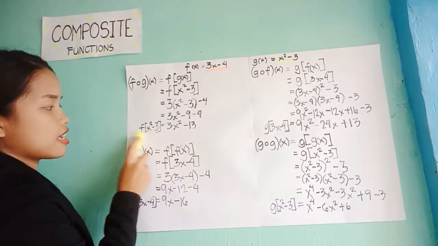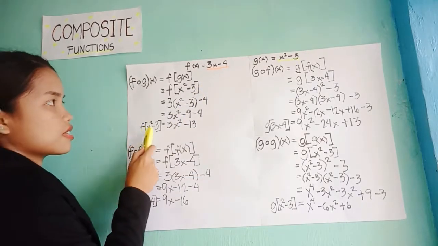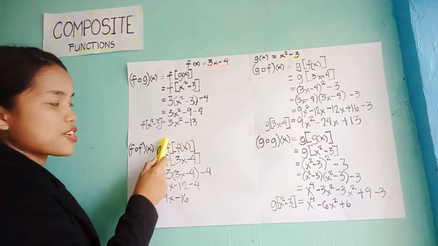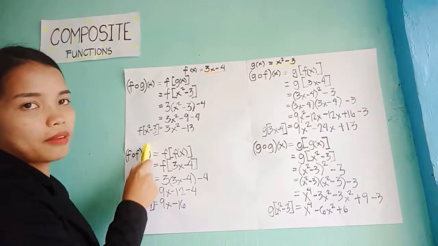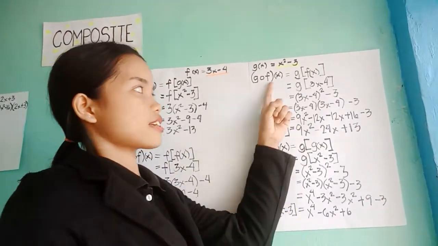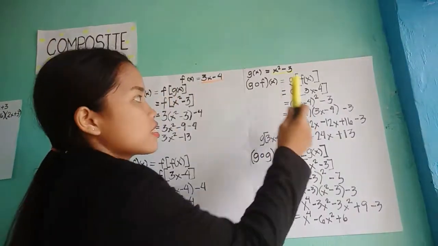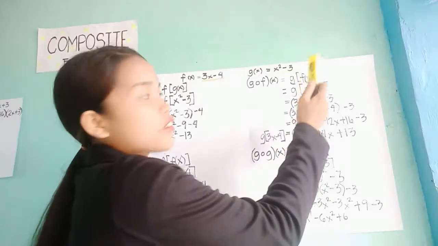And then the label, which is g of x squared minus 3. Next is g composed of f of x.